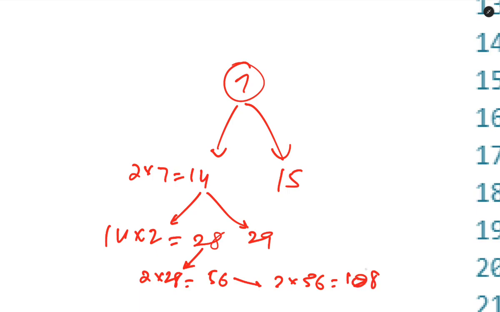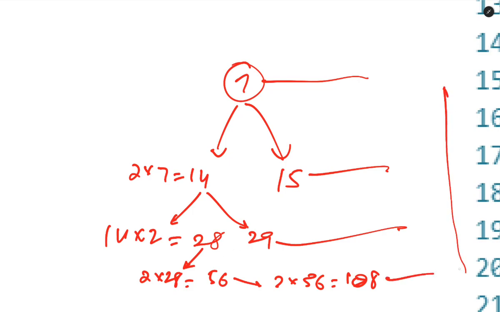108. So as you see, here it was 7. In the next level it became 14. In the next level it went to 28, 29, and in the next level, just 4 levels down, it becomes 108, from 7 to 108.